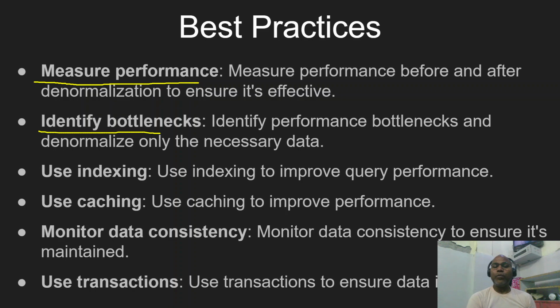Sometimes you can use indexing or caching of your data, monitoring consistency tools, or transactions, because in the denormalization concept we have to ensure data integrity. For data integrity, we have to properly use transaction techniques to ensure that data consistency and data integrity can be maintained in the denormalized data as well.